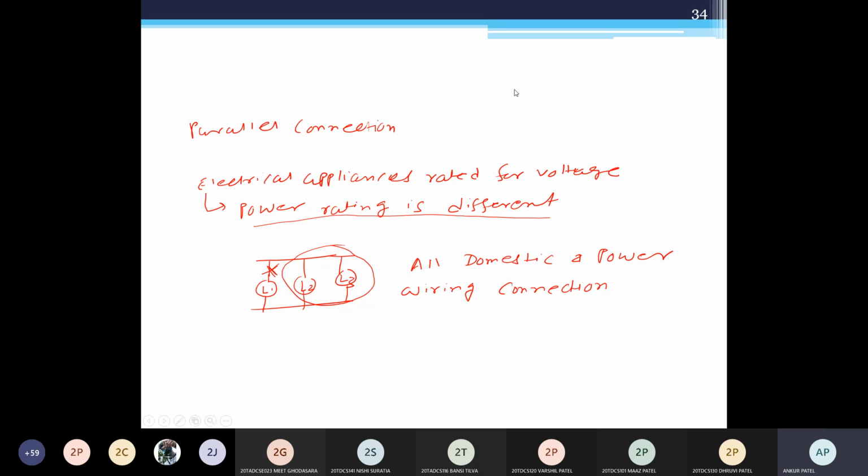Does anyone have a doubt in parallel connection, why it is used for domestic purposes or power wiring connection?